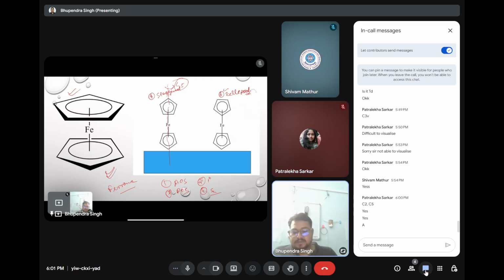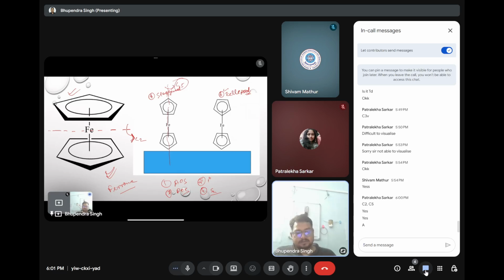If you have one axis passing through the middle, you will get the same orientation of the molecule.